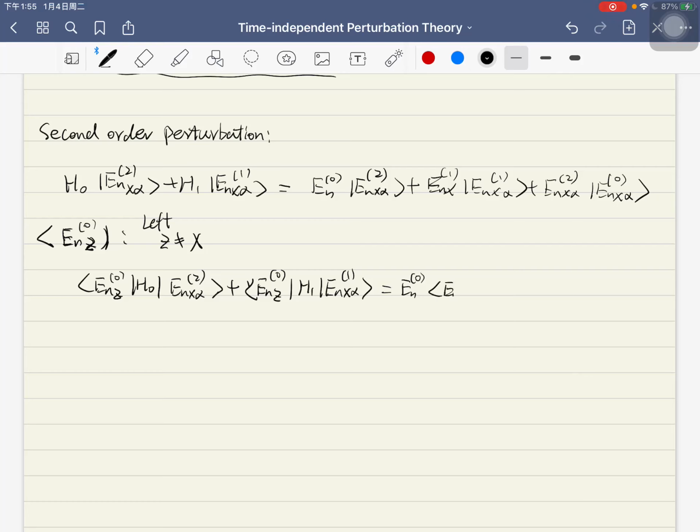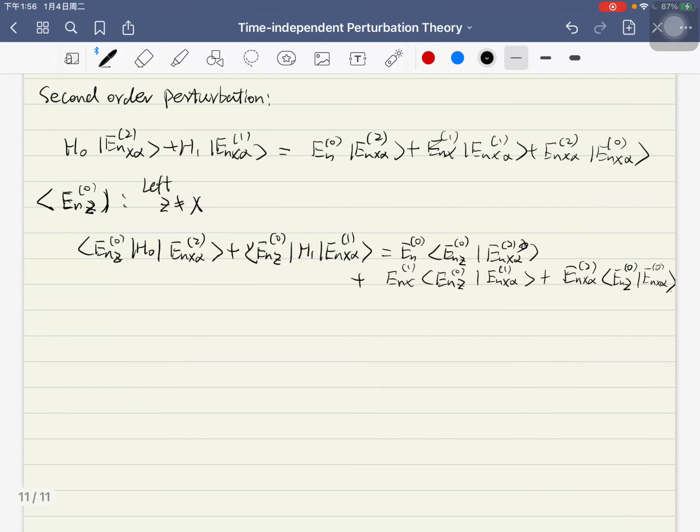So we have <E_nz^0|H1|E_nx alpha^1> equals E_n^0 <E_nz^0|E_nx alpha^2> plus E_nx^1 <E_nz^0|E_nx alpha^1> plus E_nx alpha^2 <E_nz^0|E_nx alpha^0>. By the orthonormal relations this last term equals 0, and these two terms are equal because E_nz is an eigenstate of H0 with eigenvalue E_n^0, so they cancel.